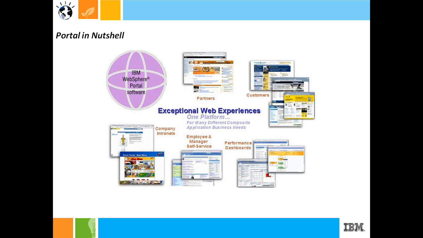So it is like company intranets, employee self-service, performance dashboard, customers, partners. So it is a single point of entry. I am stressing on the point single entry point again and again, but that's the real fact. Portal means an entrance. So probably entrance to a whole lot of information. That is what portal means.